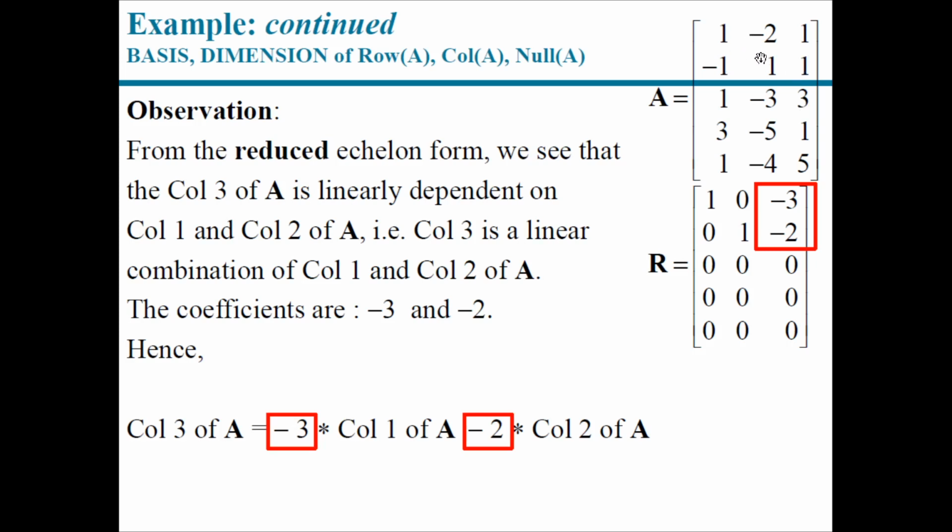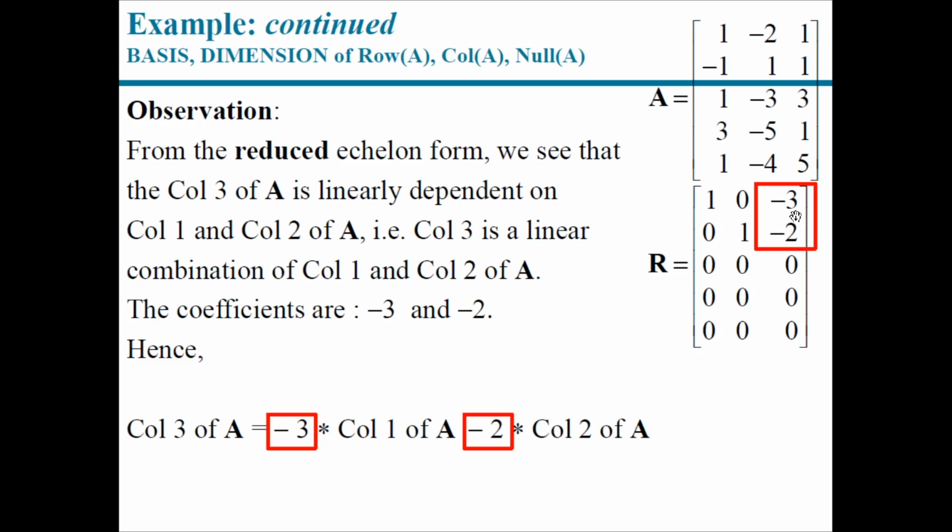Yes. But what are the coefficients of that linear dependence? Which means that column 3 is some number times column 1 plus some other number times column 2. What are those numbers? Well, look at here. Reduced echelon form gives you that information straight for free.